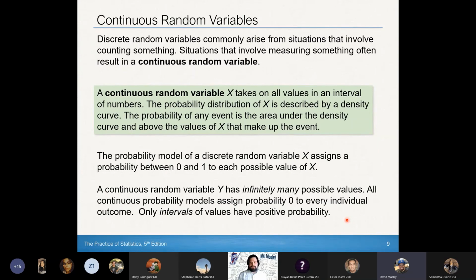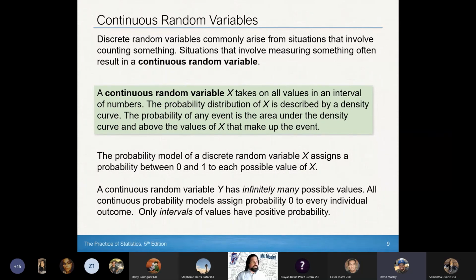This is because a vertical line, which is what would represent that single value on a density curve, has no width, which means it has no area, so it's equal to 0. We'll look at an example, and it's basically what we did in the previous chapter with normal distributions. We've already been doing stuff like this, we just didn't call it a continuous random variable yet.